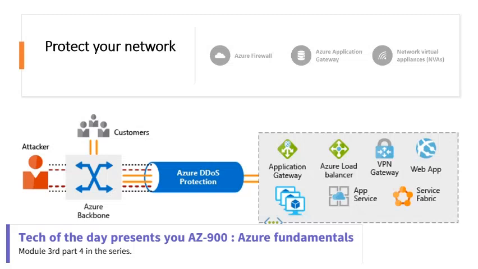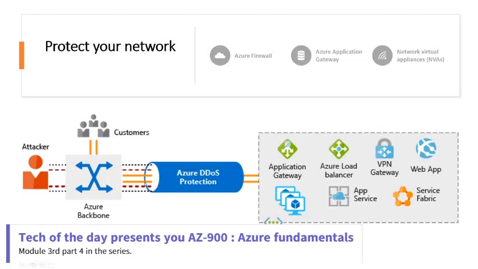The Azure DDoS Protection Service protects your Azure applications by monitoring traffic at the Azure network edge before it can impact your service availability. Within a few minutes of attack detection, you are notified using Azure Monitor metrics.